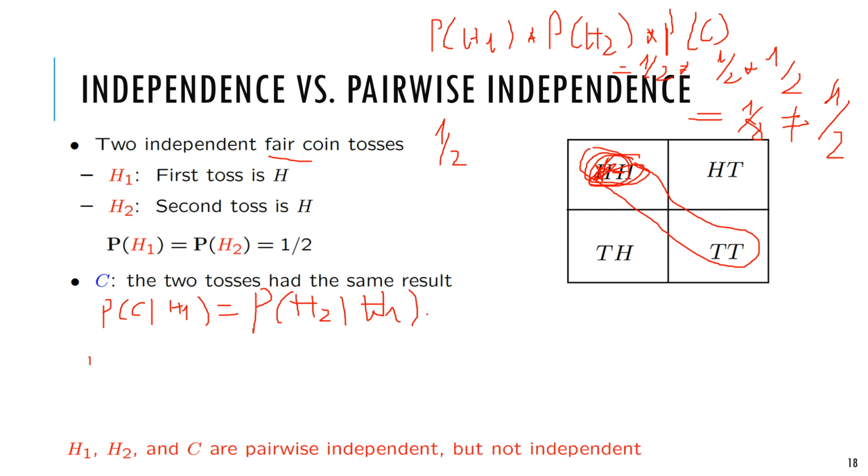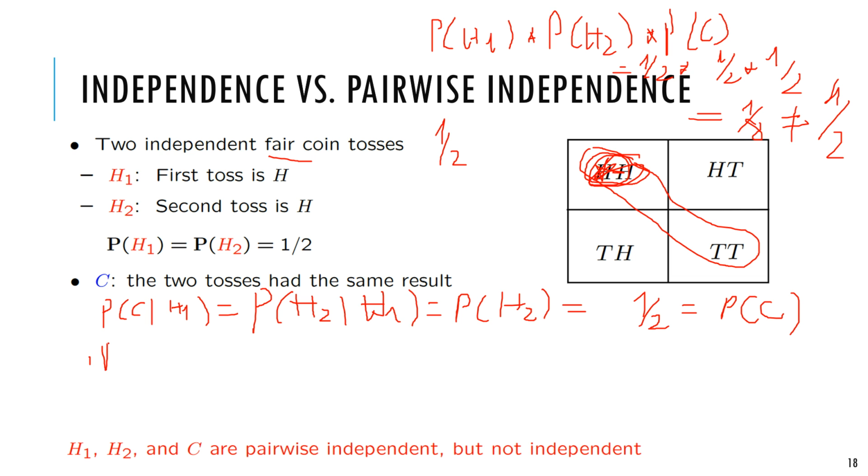So here it is equal to the probability of H2, since H1 and H2 are independent, so it's a half, and it's equal to the probability of C. So this means that C, H1, H2 are pairwise independent.